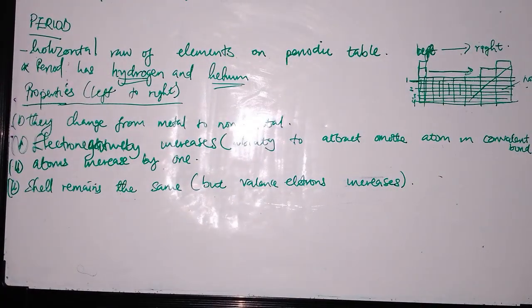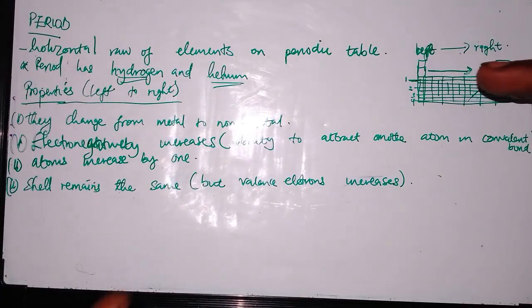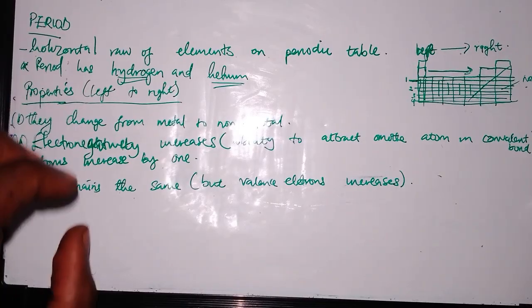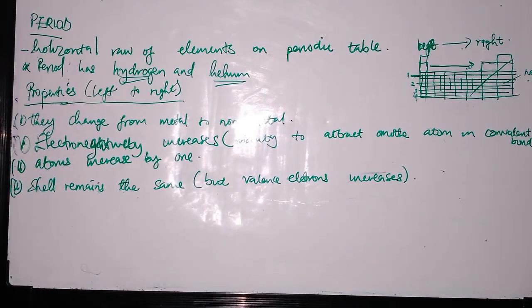So you need to pay particular attention to the property part. So as we have talked about, these are the 3 properties which you need to understand on the period. So after understanding the period, you are going to move on to the groups.